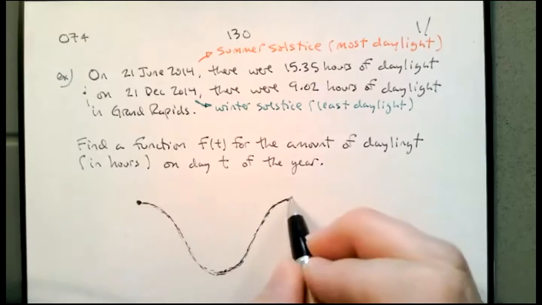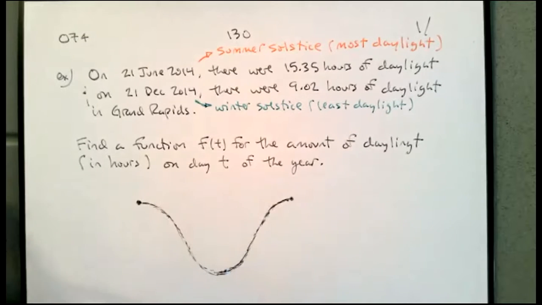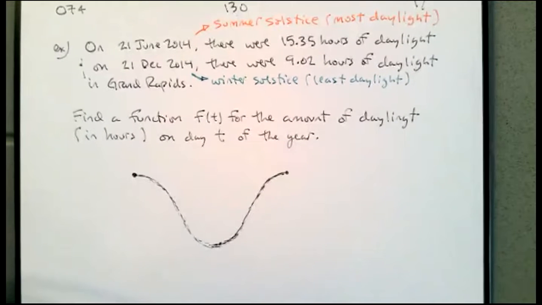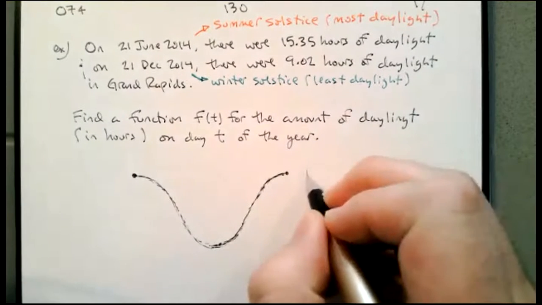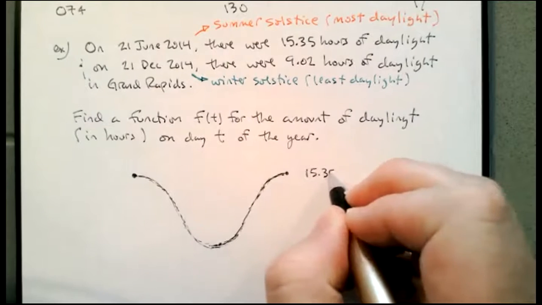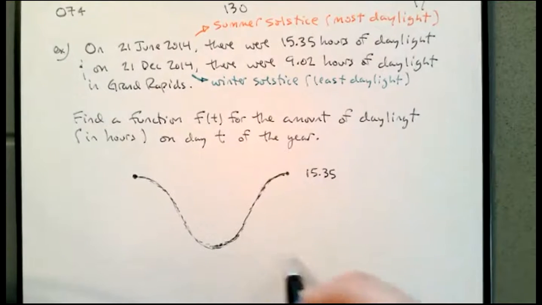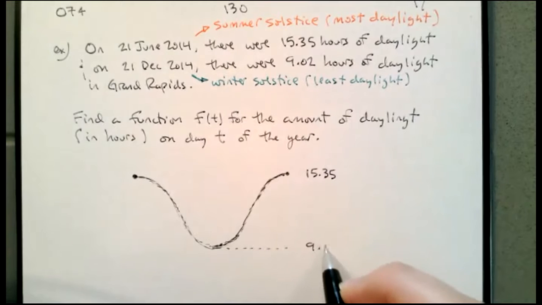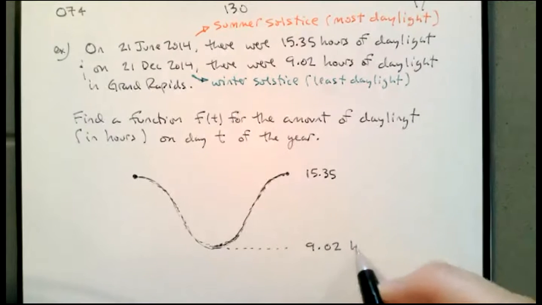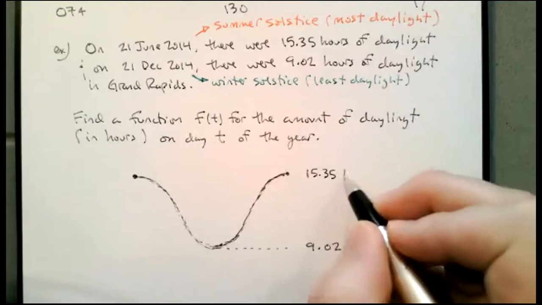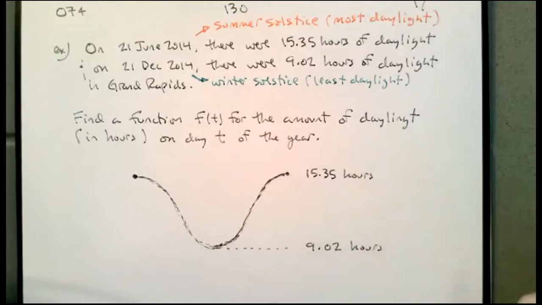Here, it looks like the top is going to be 15.35 hours of daylight. And at the bottom, we'll have 9.02 hours. So we've got twice the amplitude.